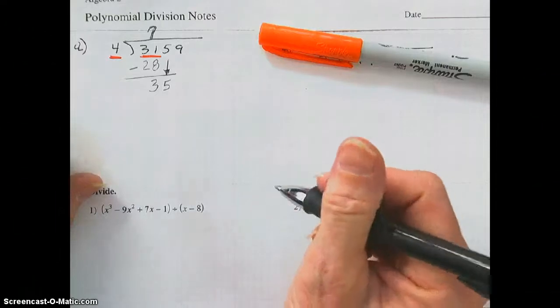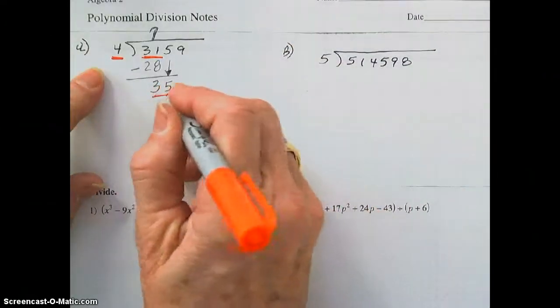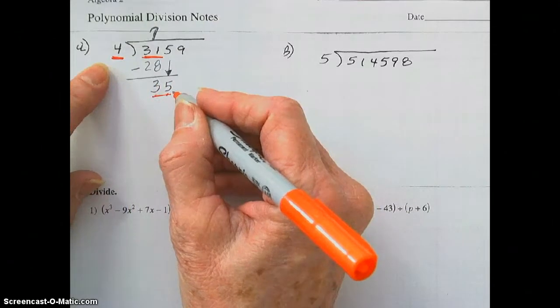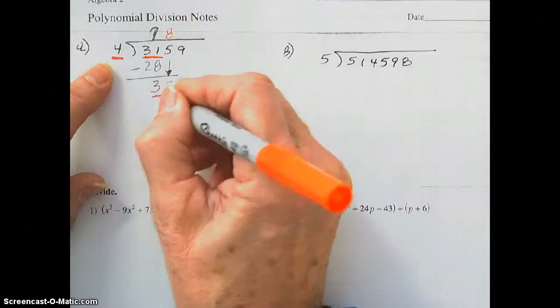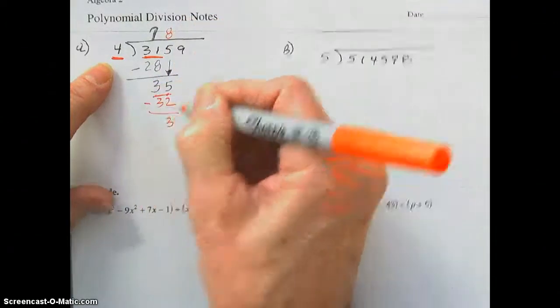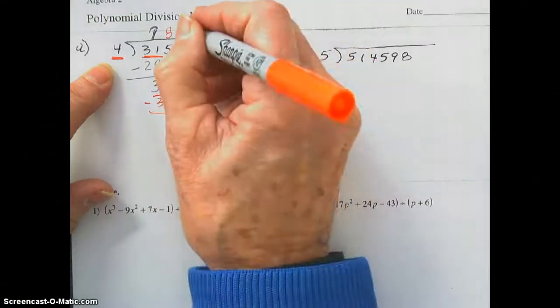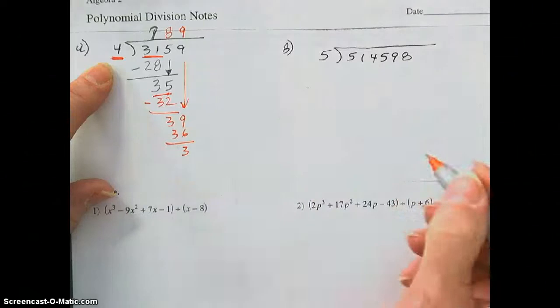So now I'm looking at how many times does 4 go into 35, or 4 times what is close to 35. And if I go 8 times, that would be a 32. We subtract. We bring down, and we keep repeating this process until there's no other numbers.